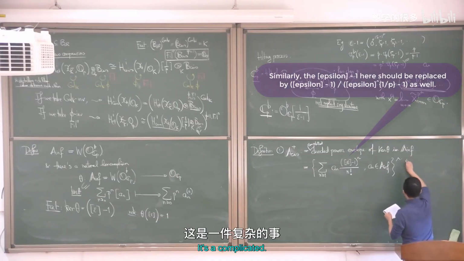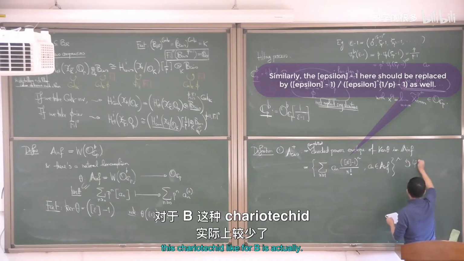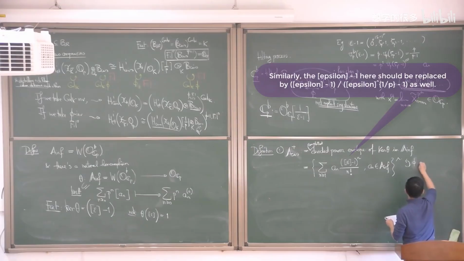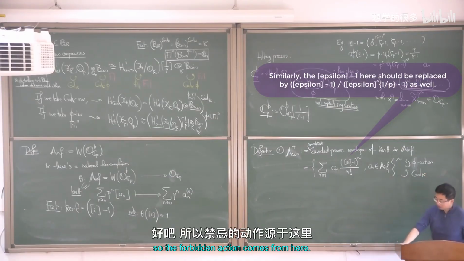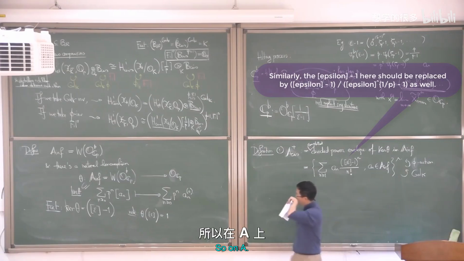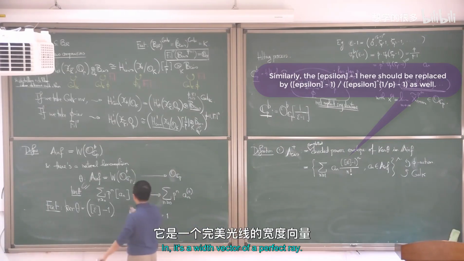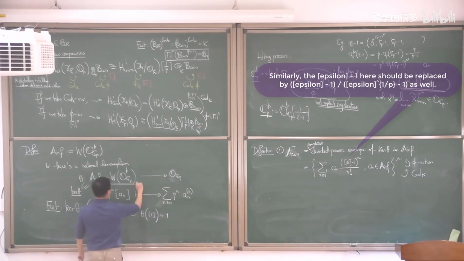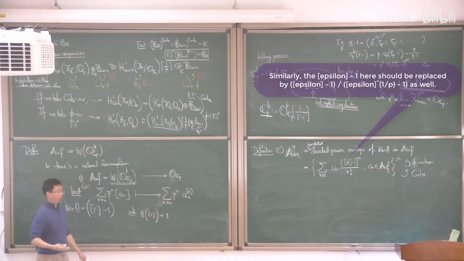It's a bit complicated. Nonetheless, this carries a Frobenius action, and this one carries a Galois action as well. The Frobenius action comes from here. On A inf, it's a Witt vector of a perfect ring, so any Witt vector has a Frobenius structure.